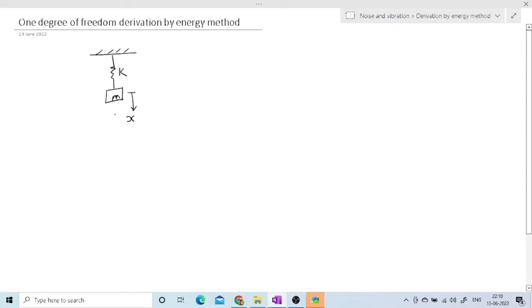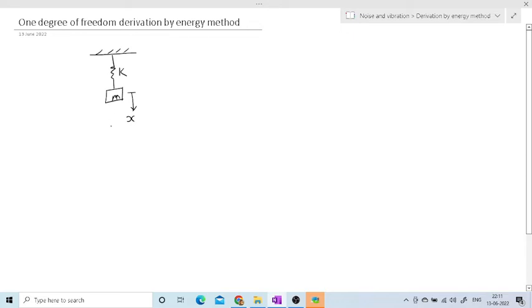So during the displacement, this spring will elongate, and during the elongation of this spring, the potential energy will be stored. When it reaches this extreme position, this potential energy will spring back this mass to its original position.